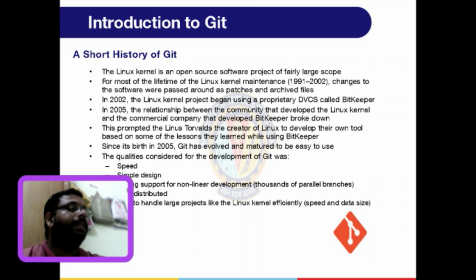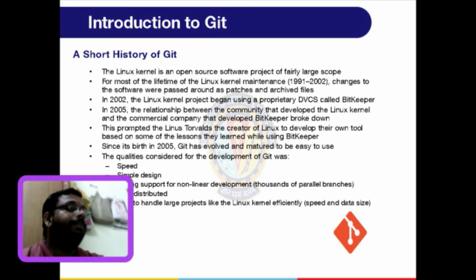This prompted Linus Torvalds, the creator of Linux, to develop their own tool based on some of the lessons they learned while using BitKeeper. Since its birth in 2005, Git has evolved and matured to be easy to use.